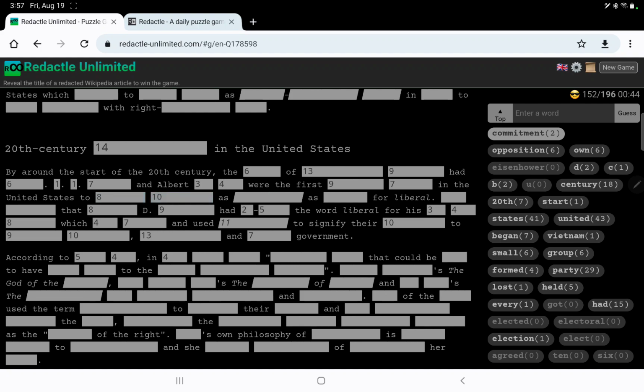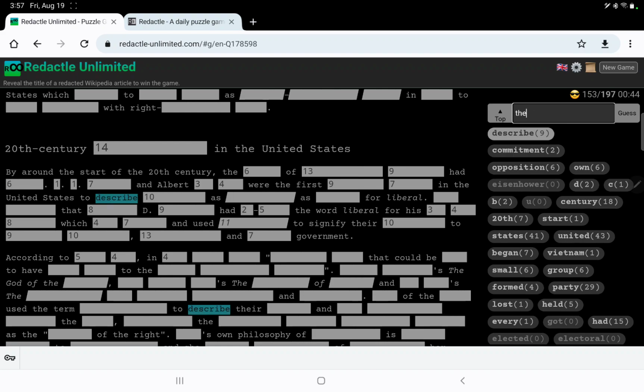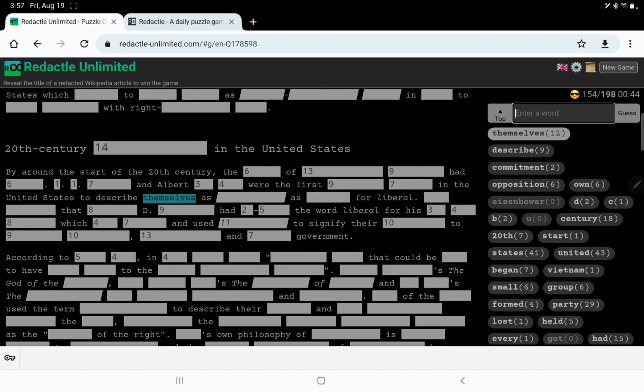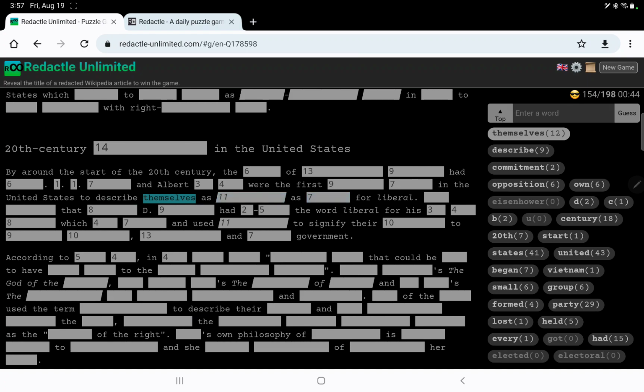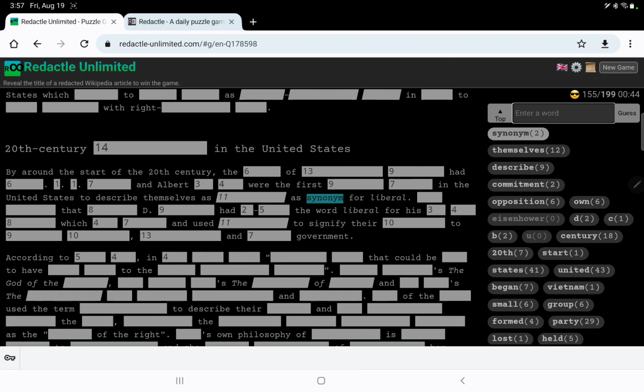To describe themselves as 11 as synonym for liberal.